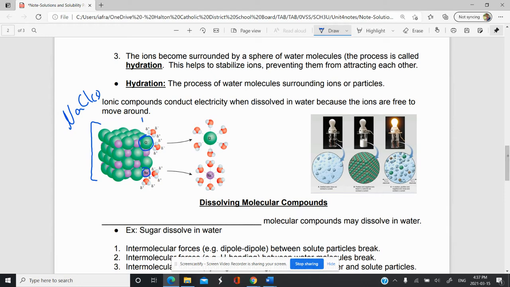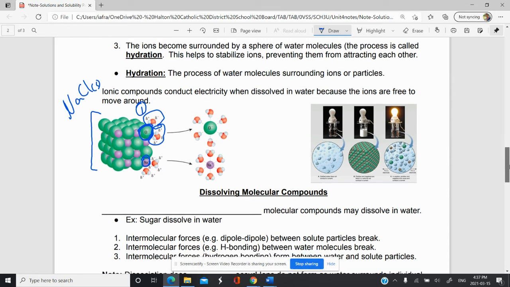This is really step one. You can see that the water molecules have oriented themselves towards the oppositely charged ion. So the hydrogens that are partial positive orient themselves towards the negative ion, the anion, and the oxygen that's partially negative orients itself towards the positive cation, the sodium.